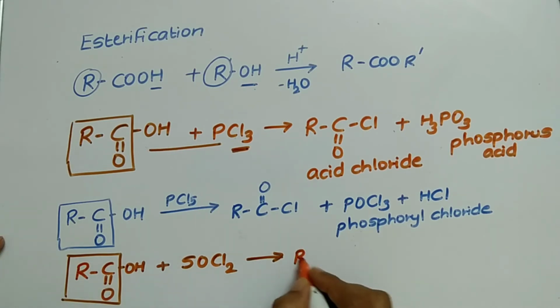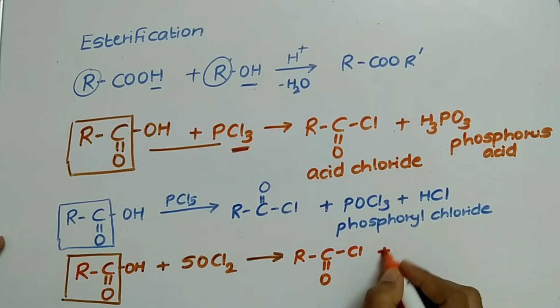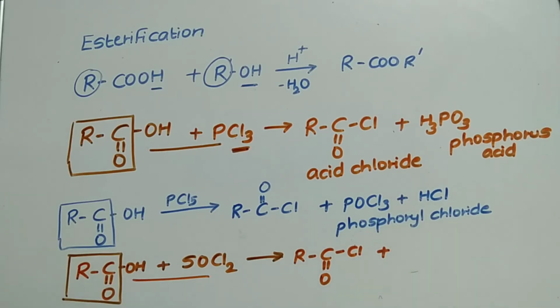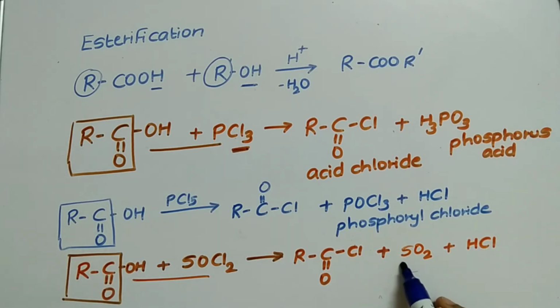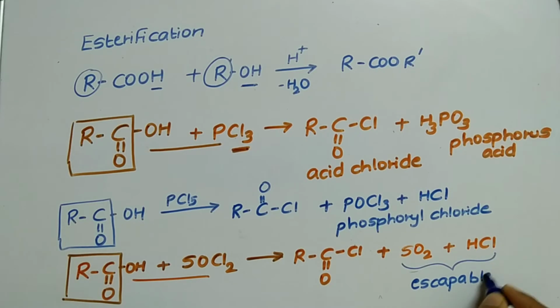It will form RC double bond O Cl plus, what is left over here is SO2 and HCl. These SO2 and HCl are escapable gases.